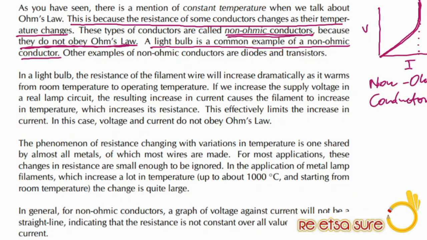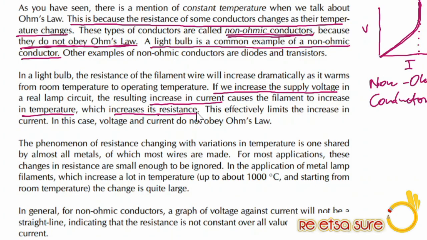Let's check. If we increase the supply voltage in a real lamp circuit, there will be an increase again in what? In current. That causes the filament to increase in what? In temperature, which increases the resistance.